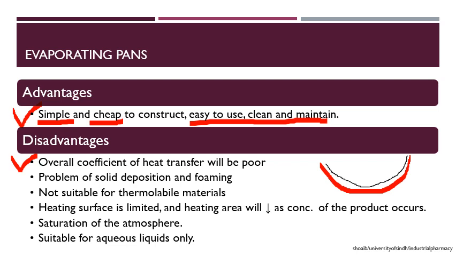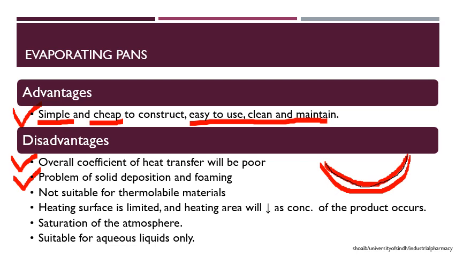Point number two is the problem of solid deposition and foaming. As we have already discussed, as the product is dried, there will be formation of a solid deposit over this surface. The product deposited over here will be continuously exposed to the heat, more exposed to the heat, so there will be more chances of destruction.